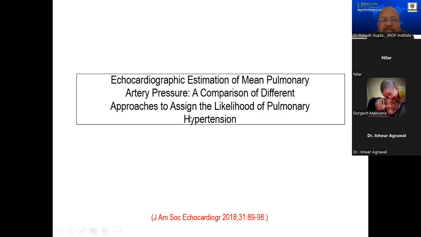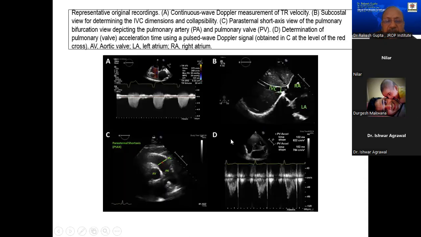When so many things were available in the market for estimation of pulmonary artery pressures, then a paper was published in JASE 2018, addressing the controversy of where we can really look at the pulmonary artery pressures.